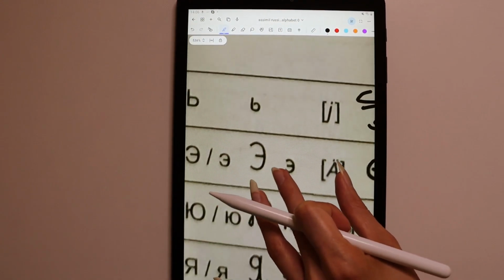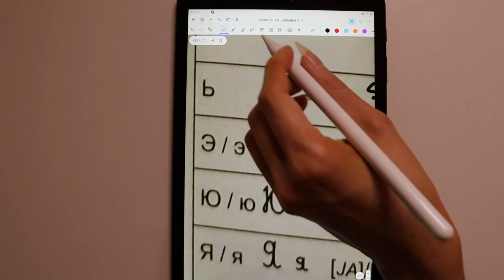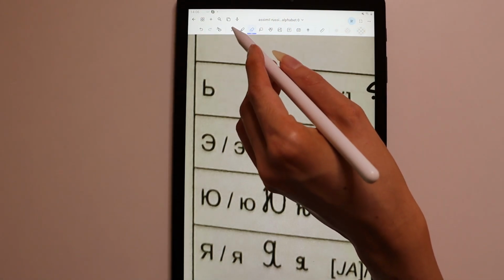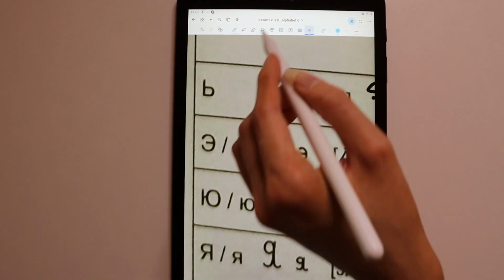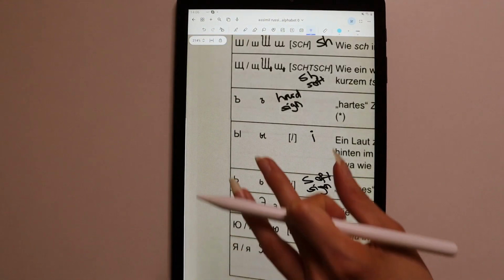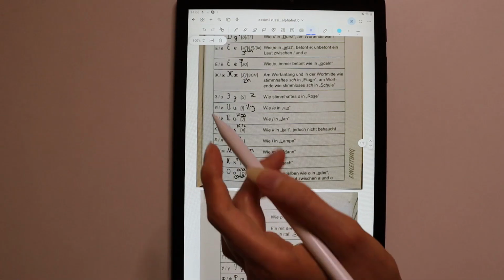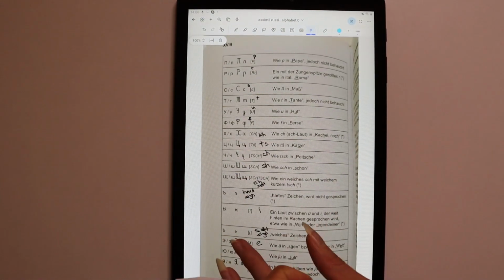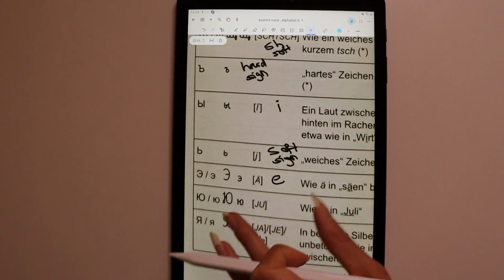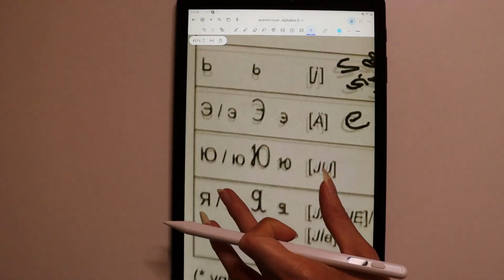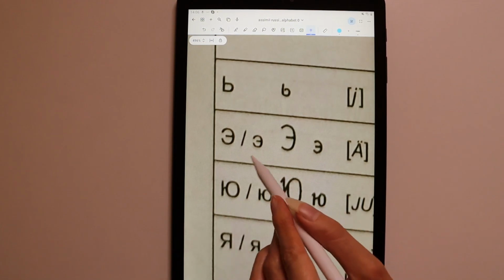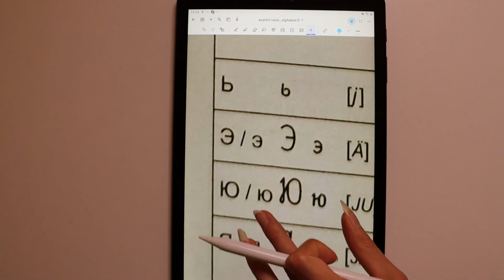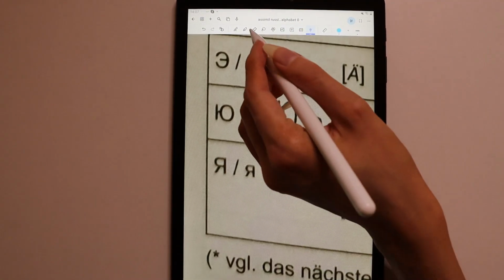Pet, so this is actually more like an e sound. All of the forms look the same, but the lowercase letters are slightly smaller. And now we have the U.